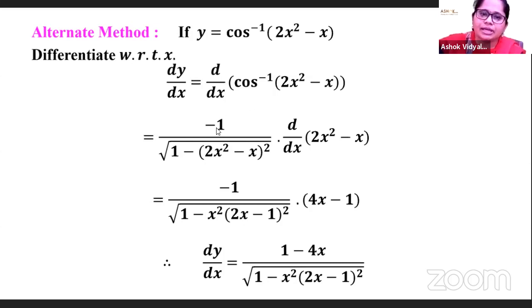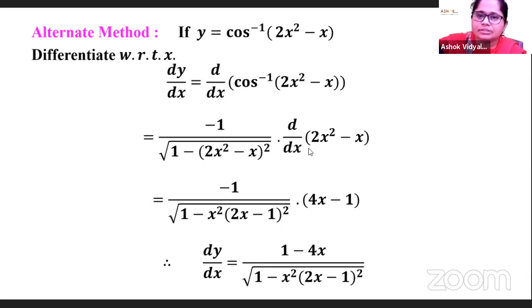We use the formula for cos inverse x here. Differentiating with respect to x, dy by dx is minus 1 upon under root 1 minus bracket 2x square minus x, squared, into the derivative of 2x square minus x, because here we use the chain rule, or composite function.